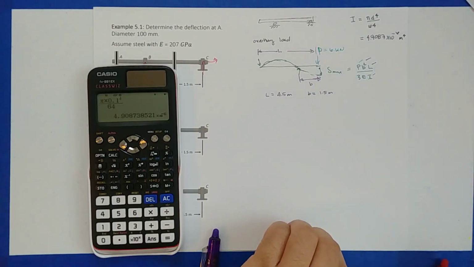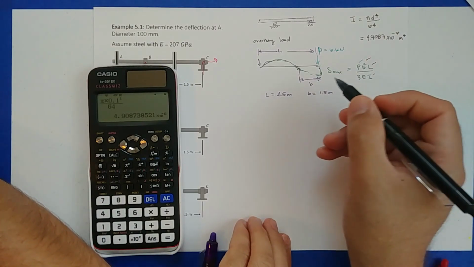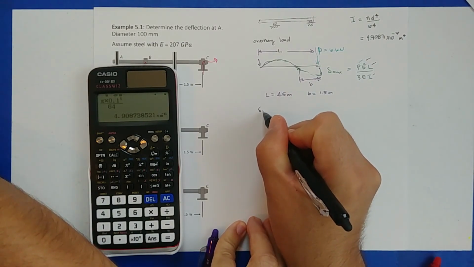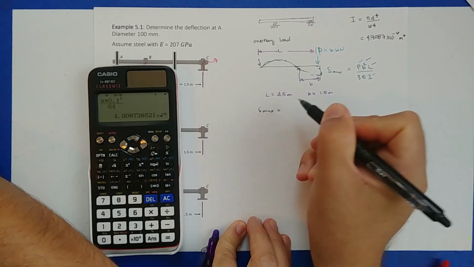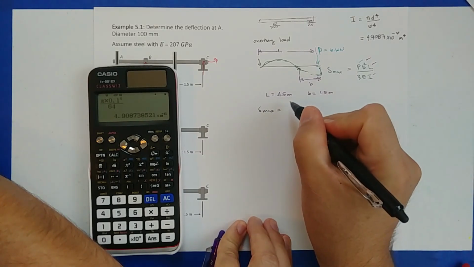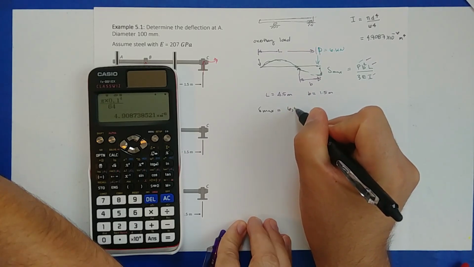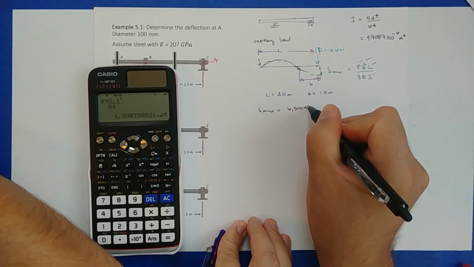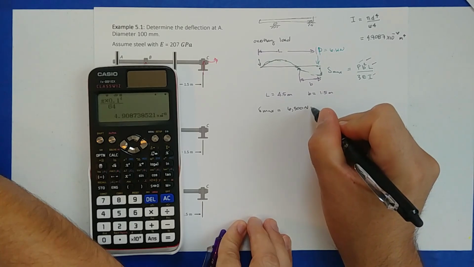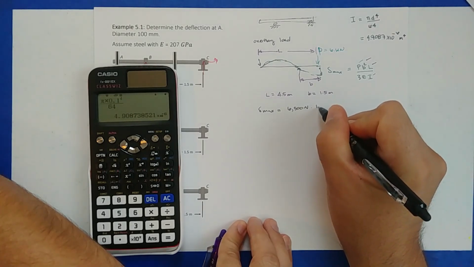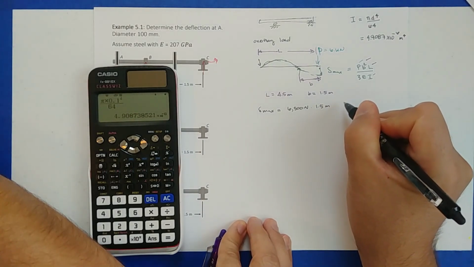So now it becomes just a plug and chug. Let's go ahead and calculate this delta max over here as P, so 6.5 kilonewtons, or 6,500 newtons, times B. B is 1.5 meters.